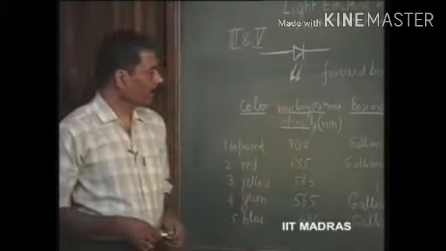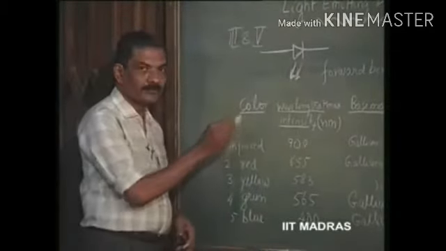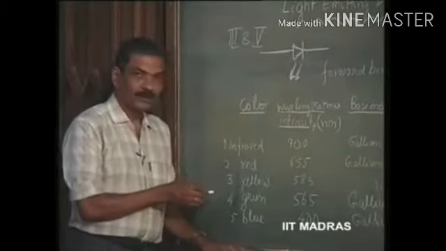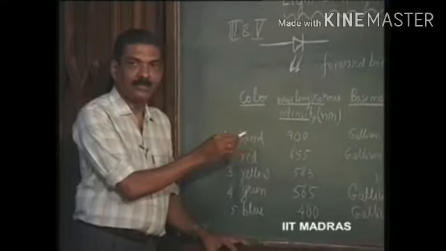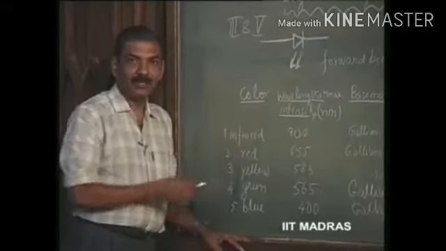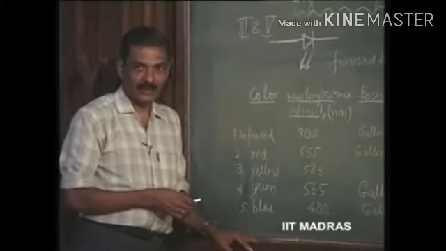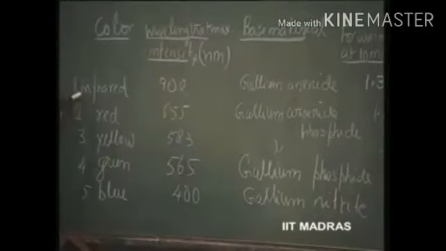So the color, for example, infrared, is not visible. This is very useful for defense applications. There is light, but it is not visible to the human eye. So this is commonly used for military applications.